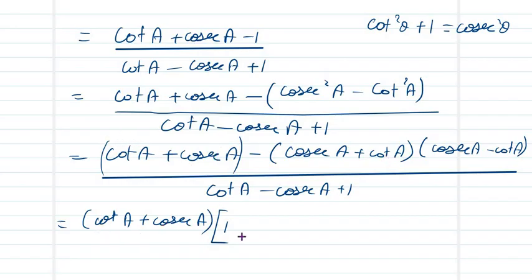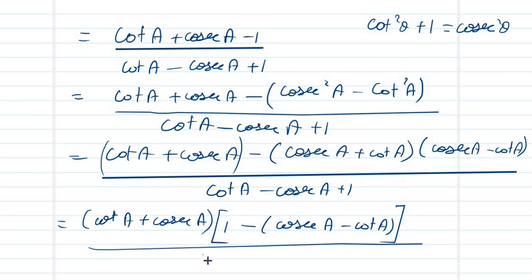So I am able to take cot A plus cosecant A common, 1 minus of (cosecant A minus cot A). Remember we have a parenthesis here. So divided by cot A minus cosecant A plus 1.